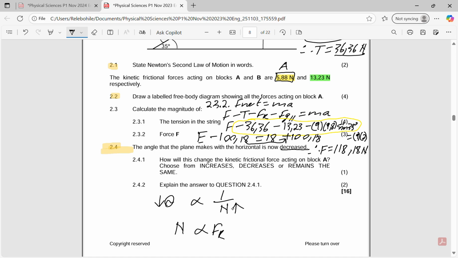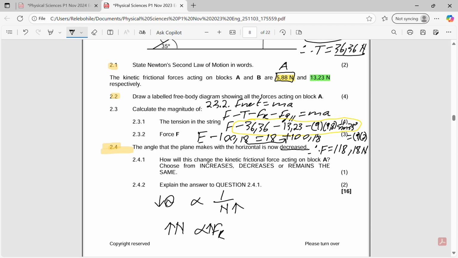So when my normal force increases, I now have to check the relationship between the normal force and the kinetic friction. And you will realize that when the normal force increases due to the decrease in the angle, then my friction will also increase, because the relationship there, guys, is directly proportional between normal force and kinetic friction.